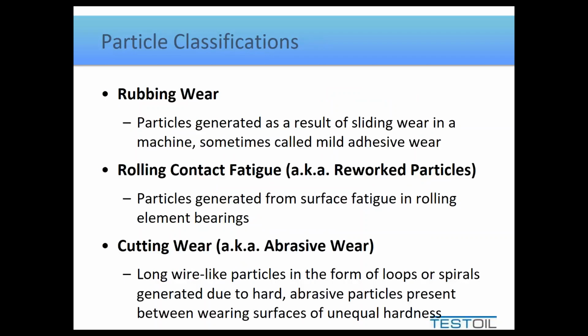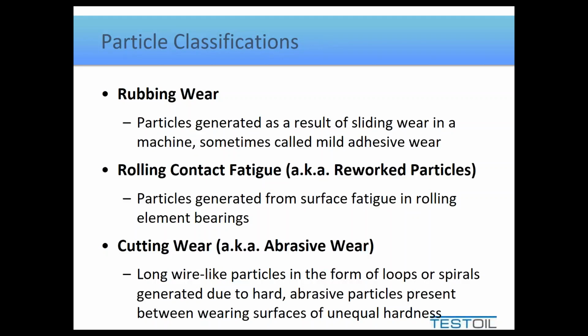Rolling contact fatigue, on the other hand, are particles that have already been created as wear particles, but may have been contributing to further wear by being reintroduced into the system, or may be evidence of significant fatigue in a rolling element type bearing. So particles in this category tend to be considered less normal.